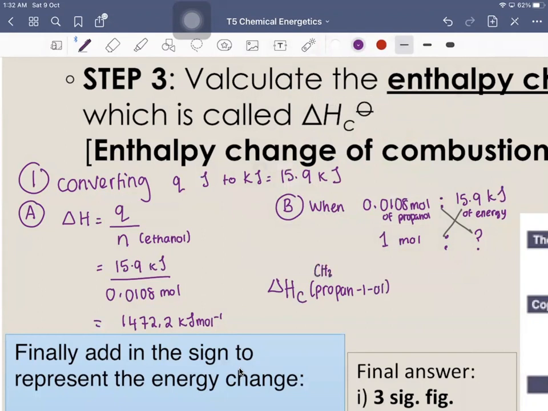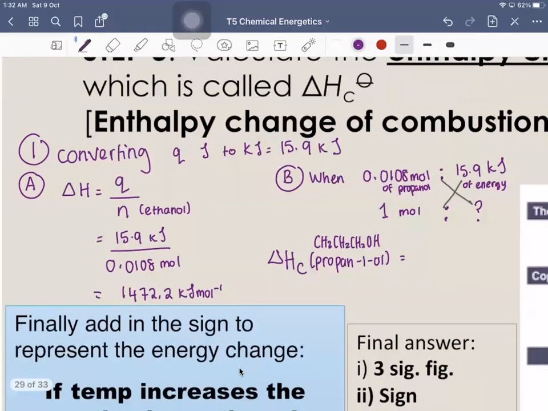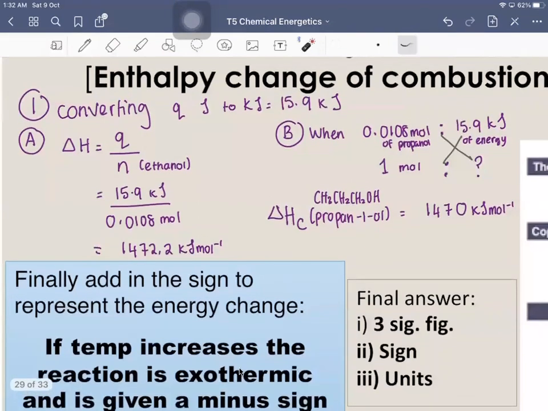CH3CH2CH2OH equals, I need the answer in 3 significant figures, so 1470 kilojoules per mole. Don't forget 3 significant figures done. Units done, kilojoules per mole, and it's in the correct unit.